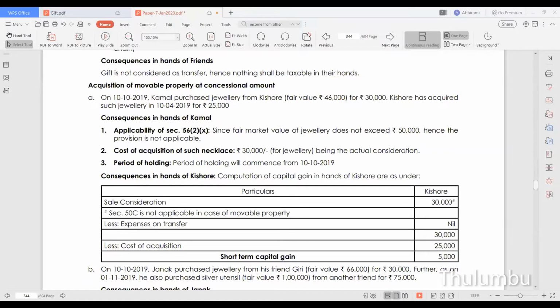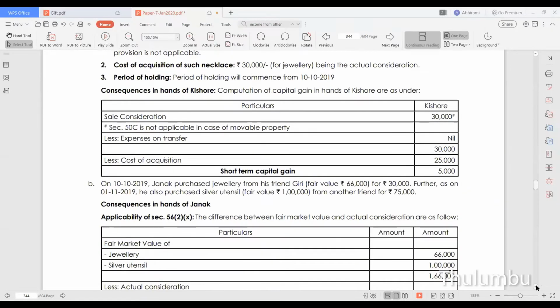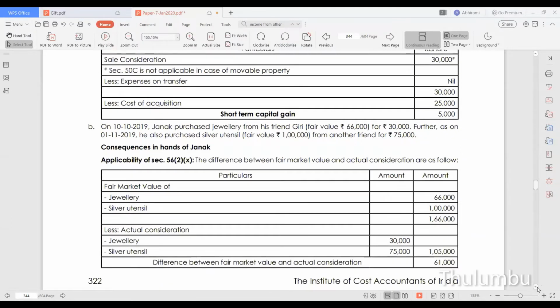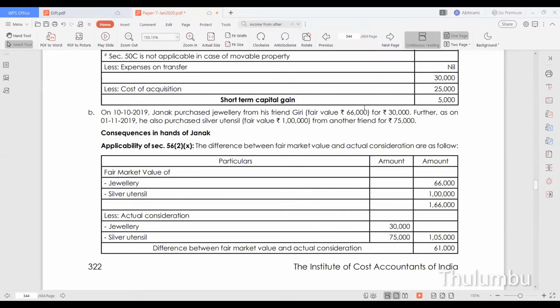Next illustration, example number B. On 10/10/2019, Janak purchased jewelry from his friend Giri, fair market value 66,000, for 30,000. And also on 1/11/2000 he purchased a silver utensil, fair market value 1 lakh, from another friend for 75,000.